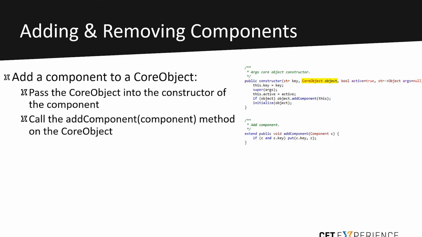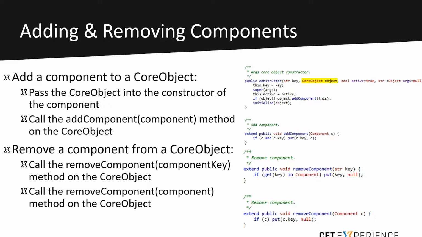If it's a caching issue or a bug, I don't quite know. I'm sure there's a way around it, but I never really felt like investing that much time into it, because generally whenever I construct the component, I know exactly what core object it needs to go on. So I just pass it into the constructor and it seems to work fine from there. If you know right off the bat what core object you want to add the component to, I would recommend just passing it into the constructor and moving on. But again, add component is another option if that's not feasible at the time you construct the component.